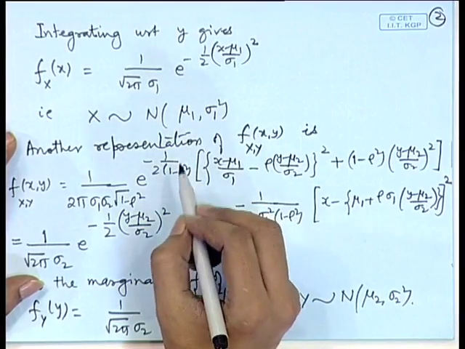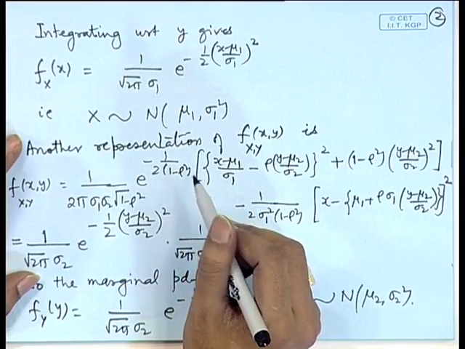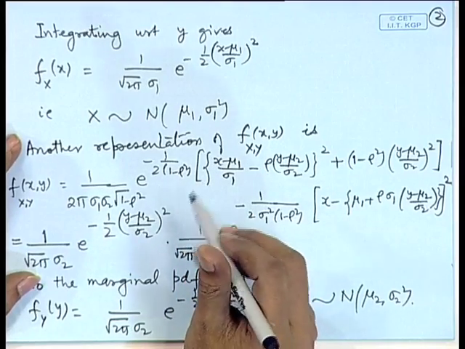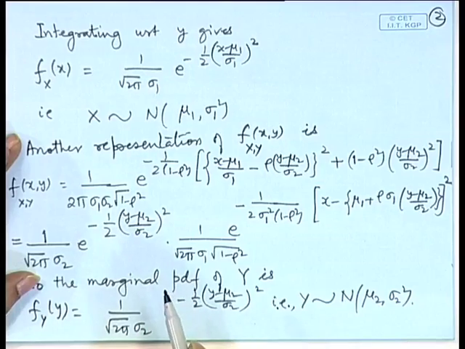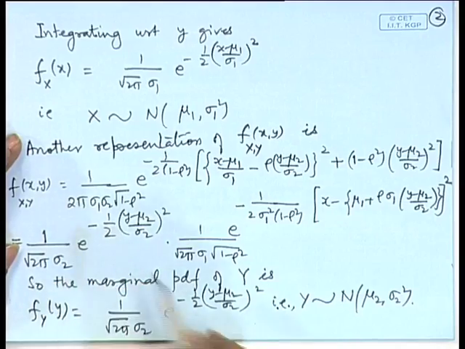Now, we also calculate the conditional distributions of x given y and y given x. If we look at the conditional distribution of x given y, then we have to divide the joint distribution of x, y by the marginal distribution of y.